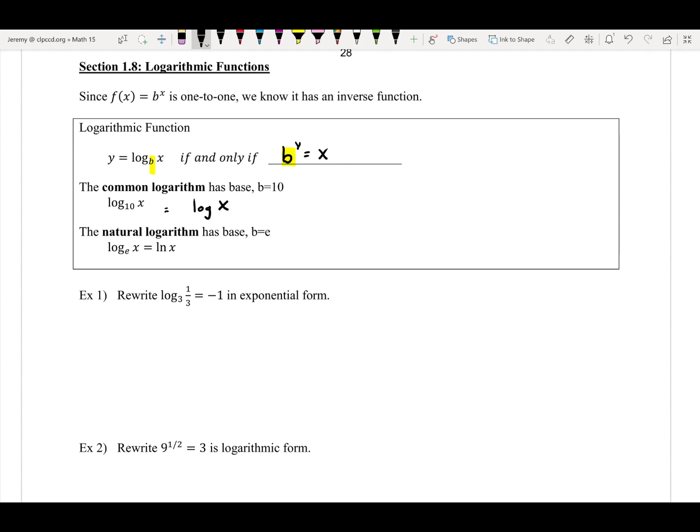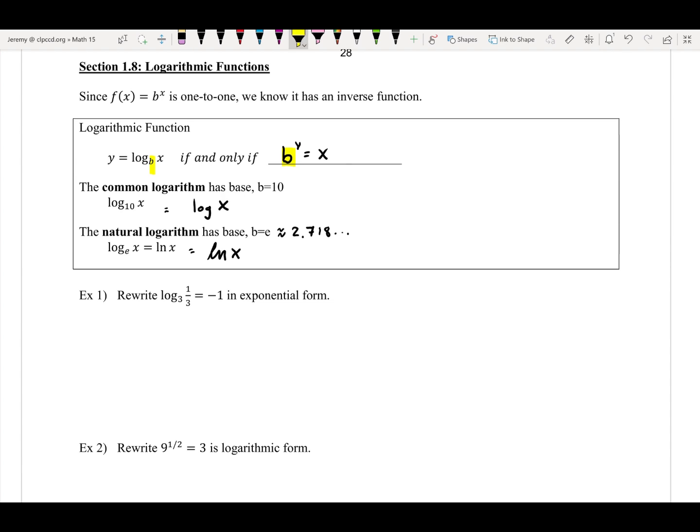Another very special logarithmic function is the natural logarithm, where the base is that number e. Remember, e is Euler's number, and it's approximately 2.718 something something something. So the natural logarithm is log base e, and we just write that ln of x. Usually when I write it by hand, I'll do it kind of like in cursive, like natural log of x.